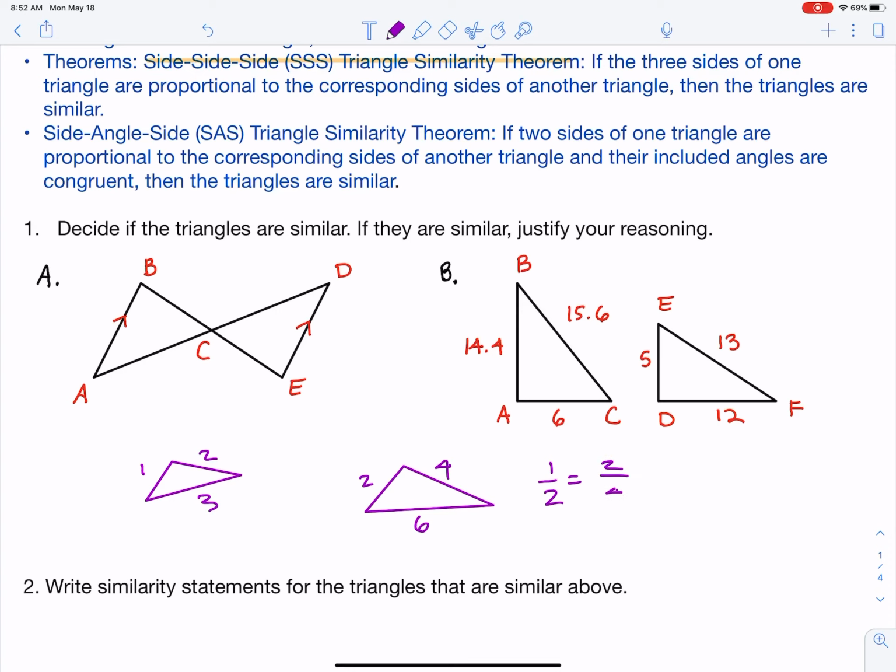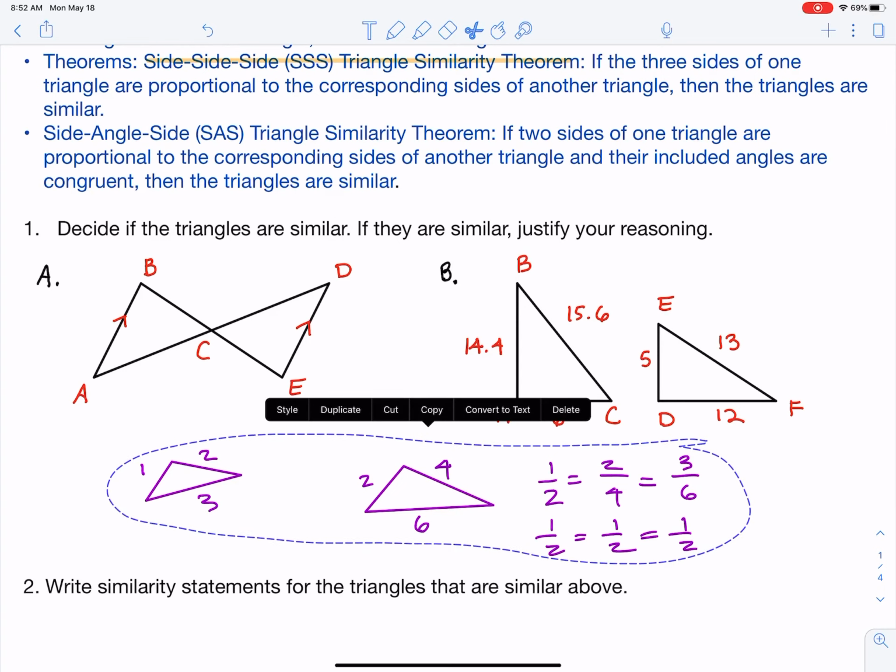If these ratios stay the same throughout, then these 2 triangles are similar. So let's look at the last one. 3 is to 6. And if we reduce this, it is 1/2 equals 1/2 equals 1/2. So the proportions of all the corresponding sides are the same. Therefore, the triangles are similar. So that's just what they mean by that. Quick review on that. I'm going to erase that.